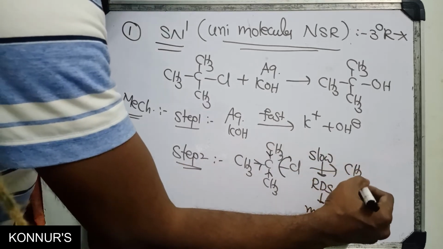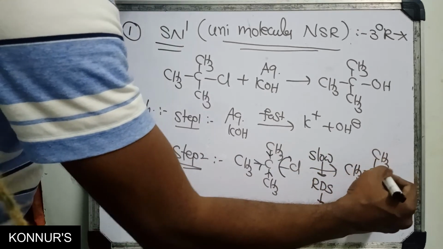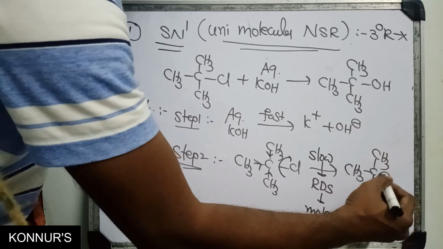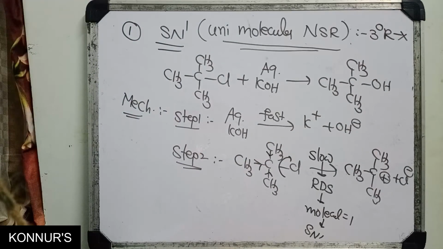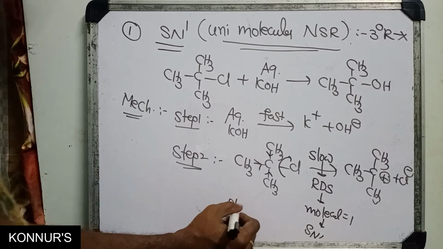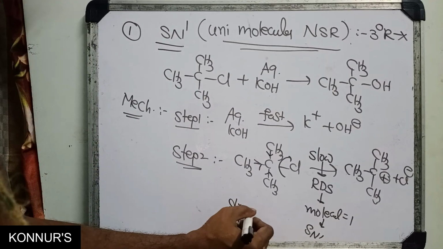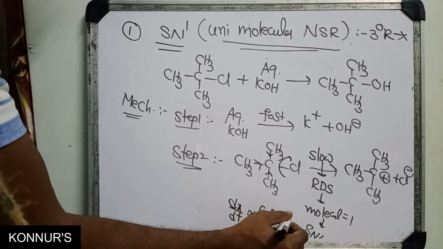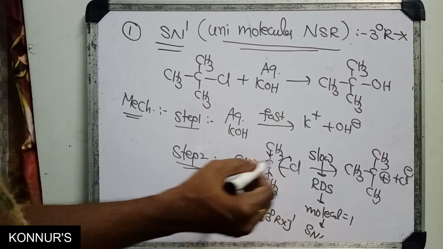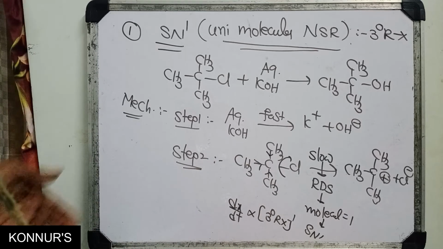The product is (CH3)3C+ and Cl-. So the rate dx/dt is directly proportional to the tertiary alkyl halide, and molecularity is 1.